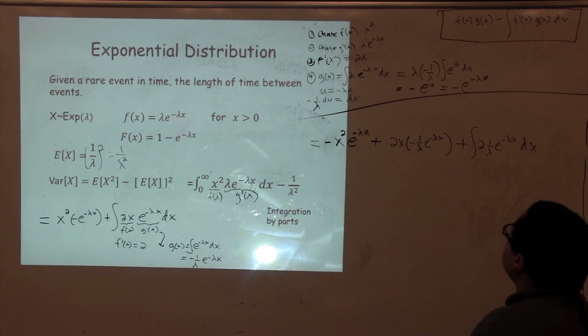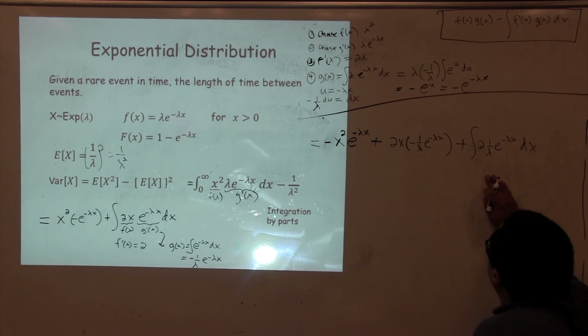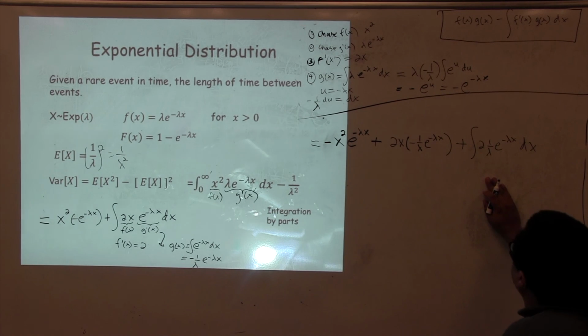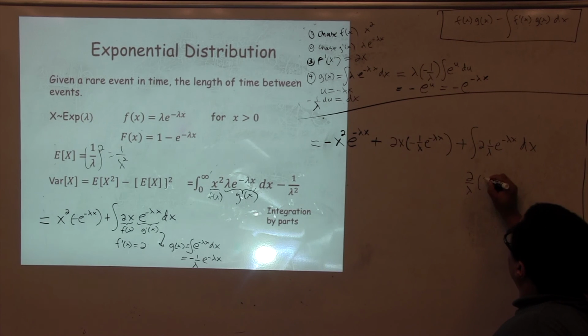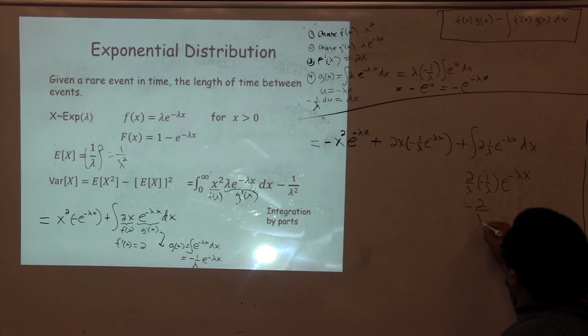Okay, so I look at this integral, and I can actually solve that with the u substitution. So that would be 2 over lambda times minus 1 over lambda e to the minus lambda x, which is equal to minus 2 over lambda squared e to the minus lambda x.